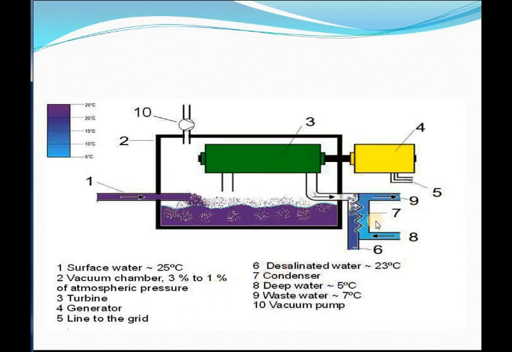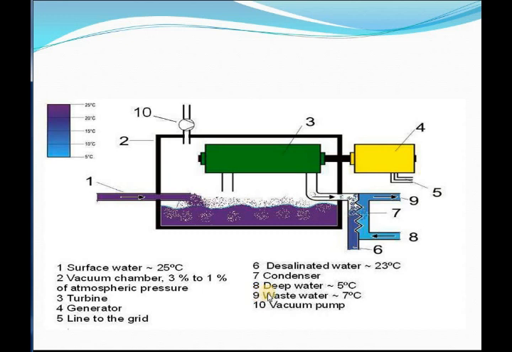The sixth one is your desalinated water, after being evaporated in the vacuum chamber, so you get the salt separately and the water gets desalinated. The seventh is your condenser, where the vapor is cooled down to liquid, and the eighth is the deep water.